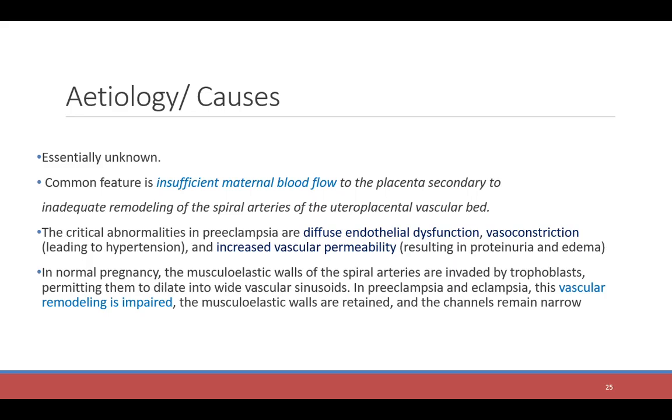The etiology, as I said, is a problem in the endothelium. Most of the time, there's insufficient maternal blood flow, a problem in the blood supply. The endothelial dysfunction looks like diffuse dysfunction, vasoconstriction, and increased vascular permeability.